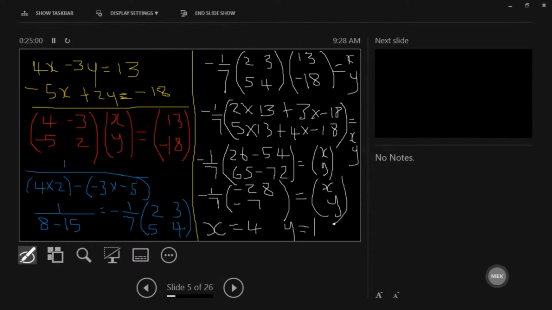So that would be 4 times 4 is 16 minus 3, negative 3 times 1 is negative 3. So 16 minus 3, that's 13. And negative 5 times 4 is negative 20. And 2 ones 2. So negative 20 plus 2 would give negative 18.